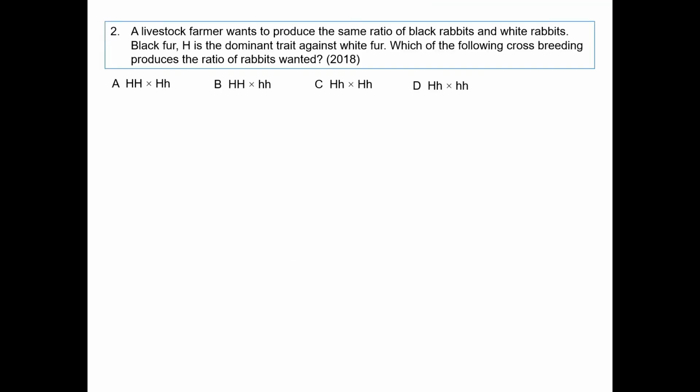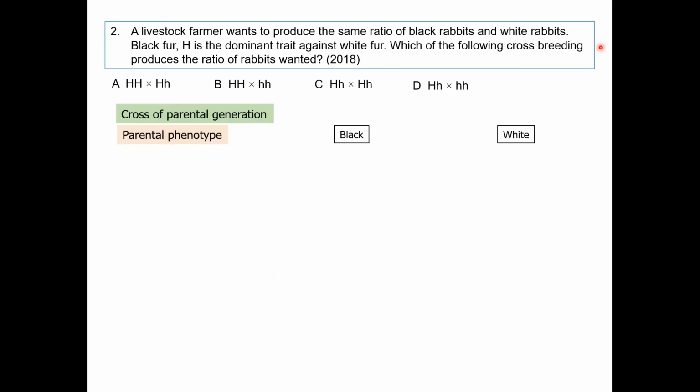Question number 2. A livestock farmer wants to produce the same ratio of black rabbit and white rabbit. Black fur, represented by capital letter H, is the dominant trait against the white fur. Which of the following crossbreeding produces the ratio of the rabbit wanted? So you can use Punnett square or genetic diagrams. Here, I use genetic diagrams.